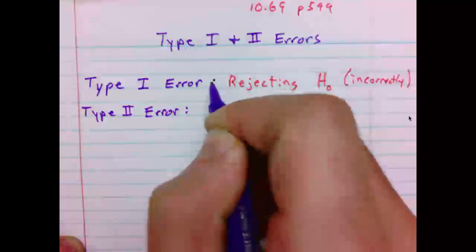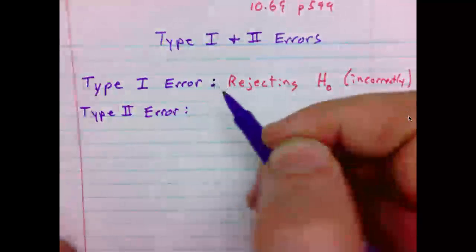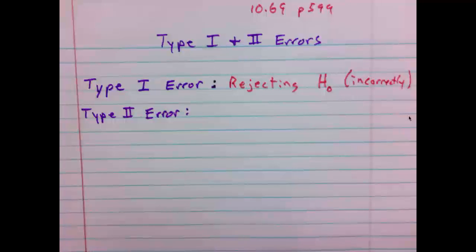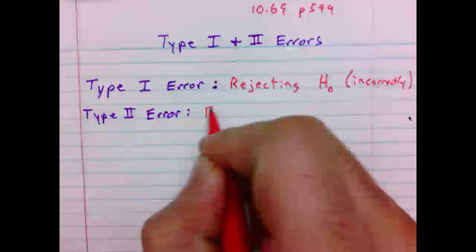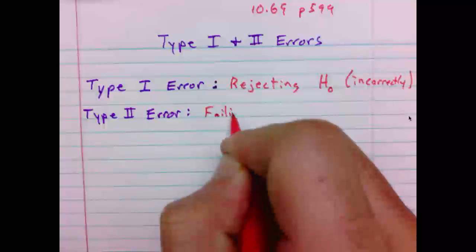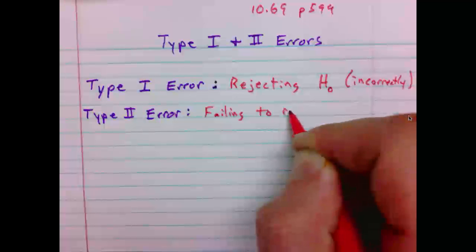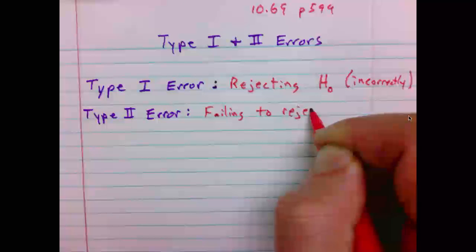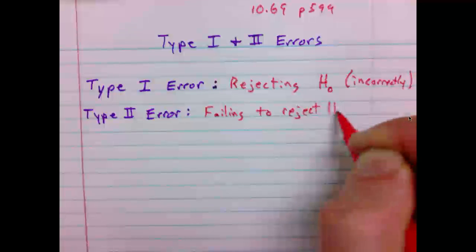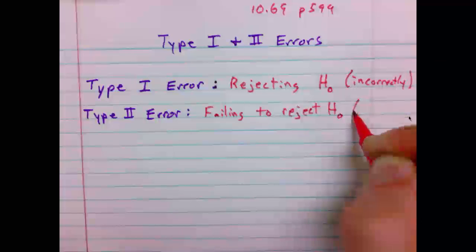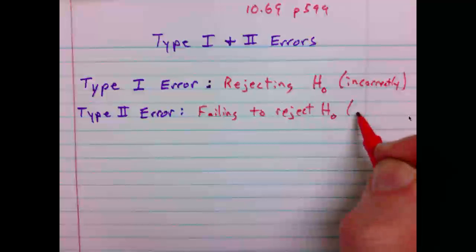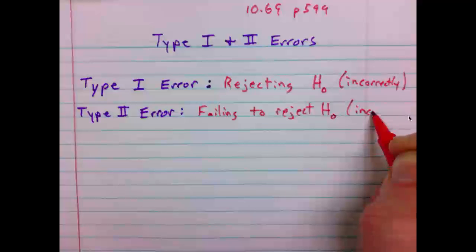And type 2 error is failing to reject H0. And again, it's an error, so it goes without saying that this is doing so incorrectly.